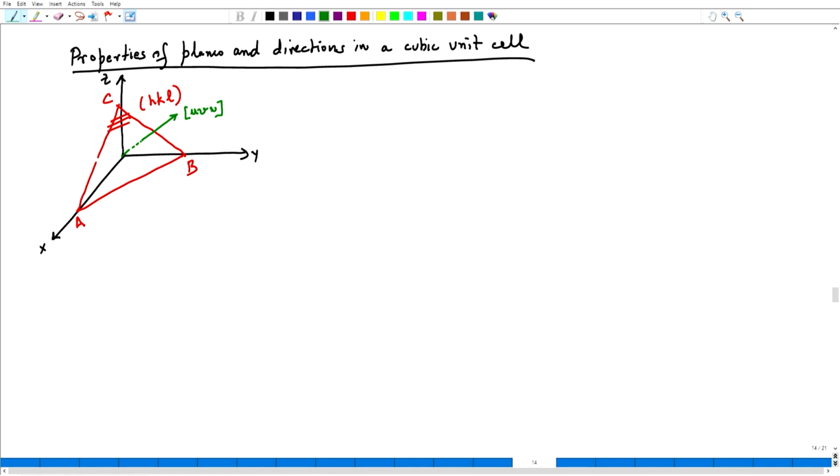Now, if the vector u, v, w is perpendicular to the plane ABC, it will also be perpendicular to any vector lying in the plane HKL.